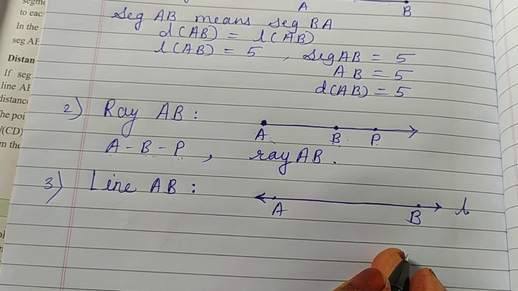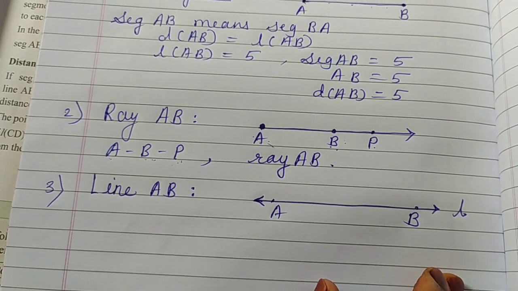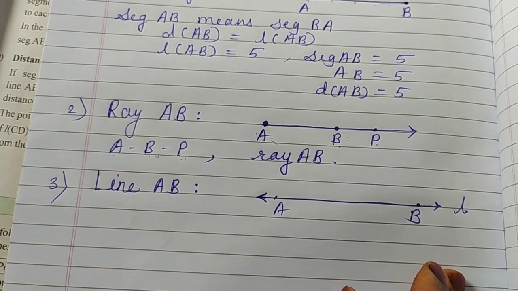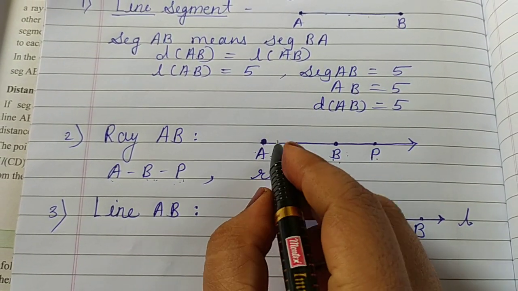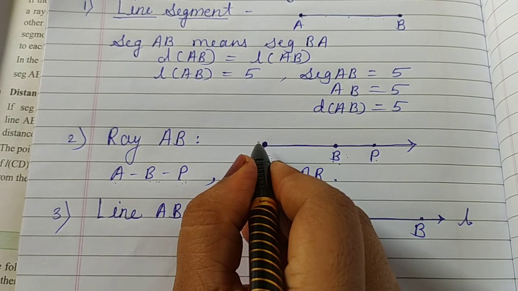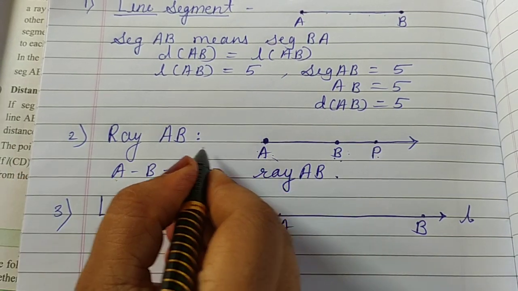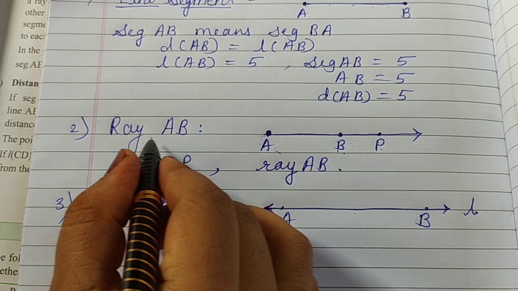This is a line. So the union set of points on the ray AB and opposite ray of AB is called line AB. Opposite ray means from here also you can draw opposite line. That means unlimited at both the end.